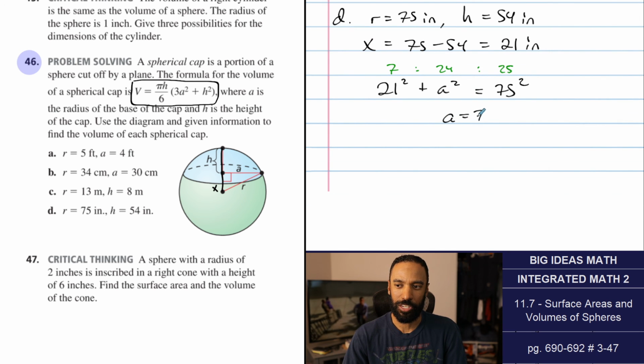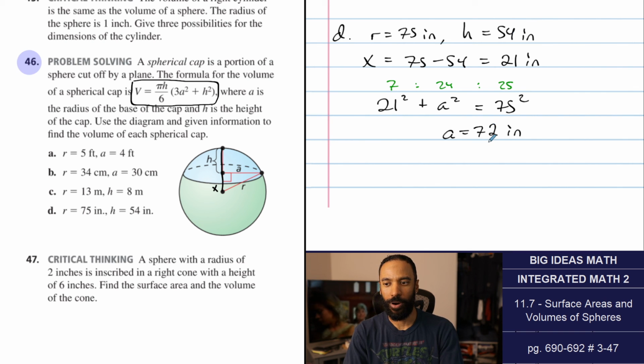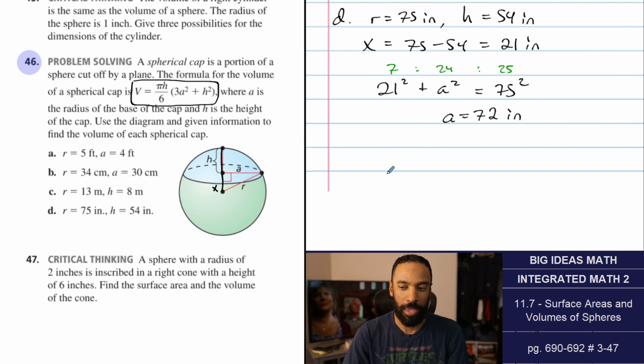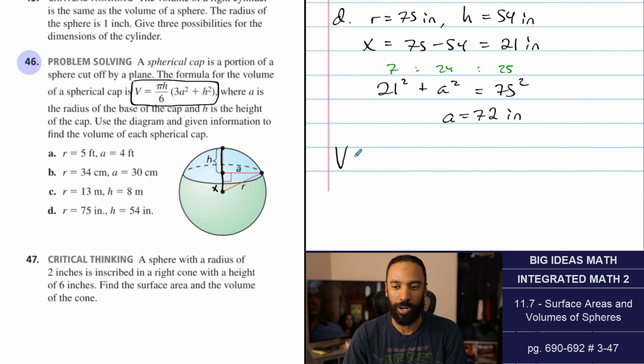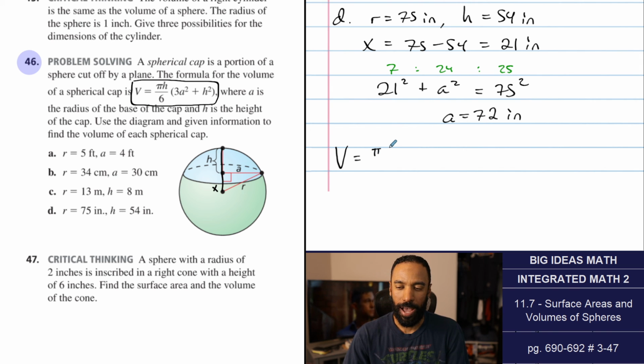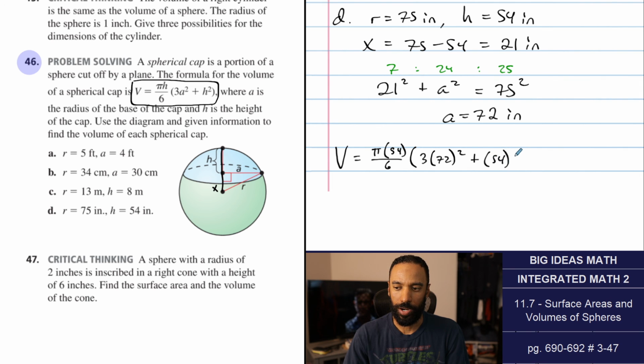A is 72. I'm saving myself time. So I have H of 54, A of 72. Big numbers. I barely saved time because now I got to work off this part. Let's try and shrink these into one line each. V is pi times 54 over 6 times 3 times 72 squared plus 54 squared.